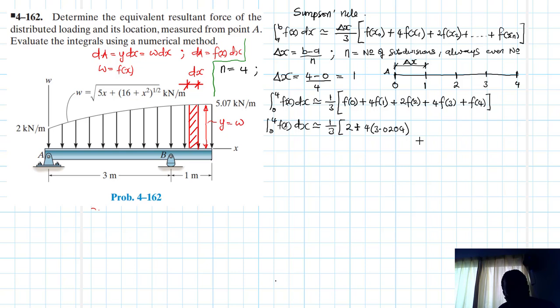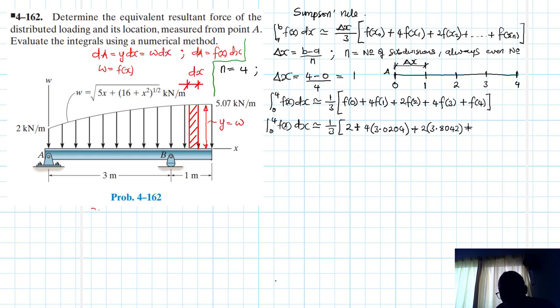Then plus 2: 16 plus 2 squared, which is 4, root of that, then plus 5 by 2, that's 10, then root of that. So we have 3.8042.